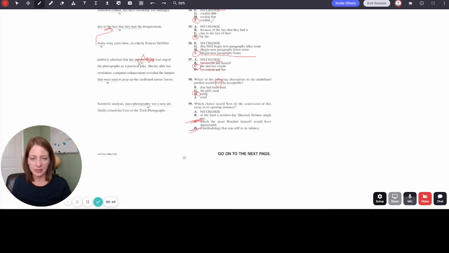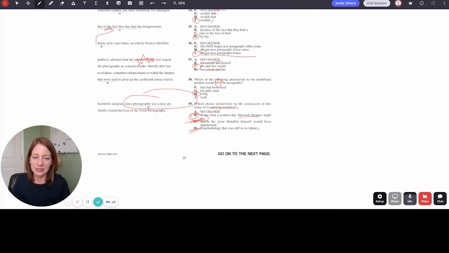If it's going back to the opening sentence that had Sherlock Holmes, which would best tie to the conclusion of this essay? So the answer really is B. Now, I didn't plug that in yet. I'm just guessing based on, we talked Sherlock Holmes in the opening sentence, and here we are again.